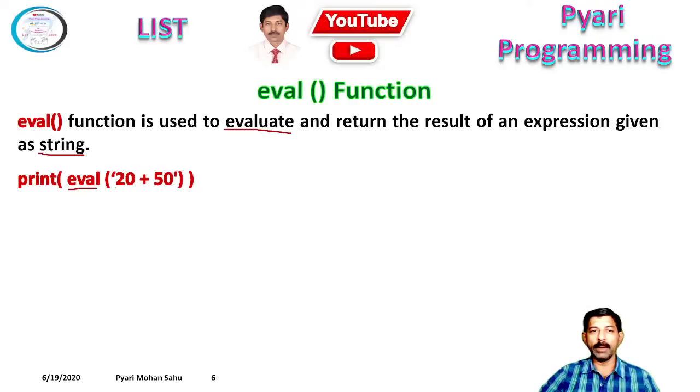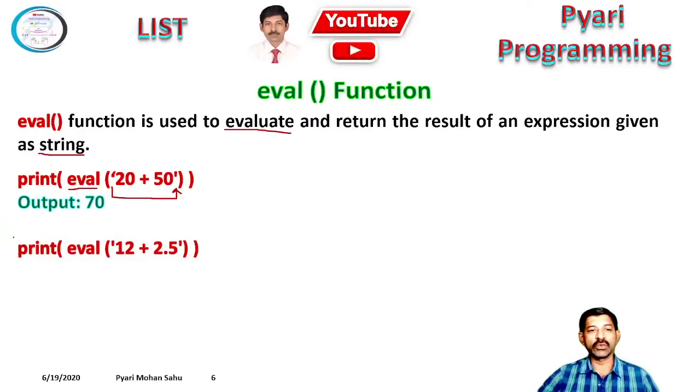Eval is the function name, and within quotes I am giving 20 plus 50. You can see that it is within quotes, so it is a string. It will convert the string to an expression and give you the result: 20 plus 50 is equal to 70.